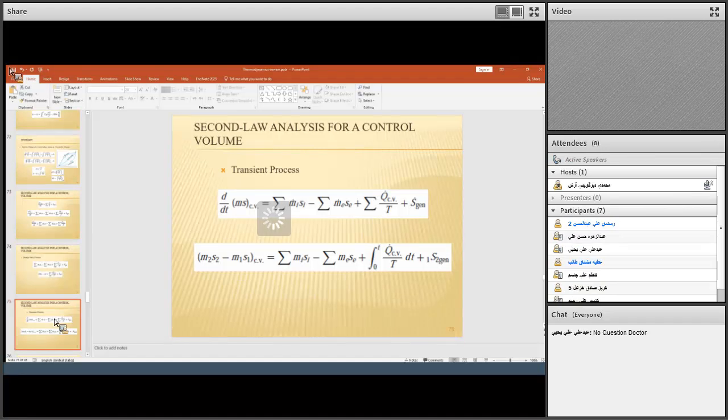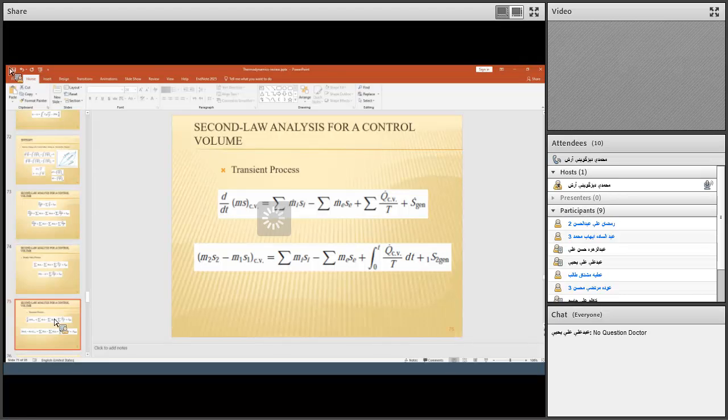If we integrate the above equation, it converts to the below equation, for a process from initial state 1 to final state 2.